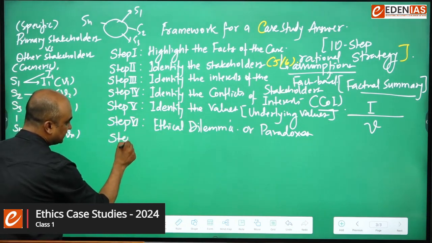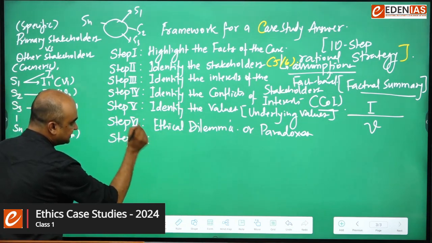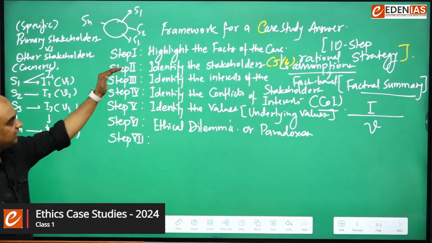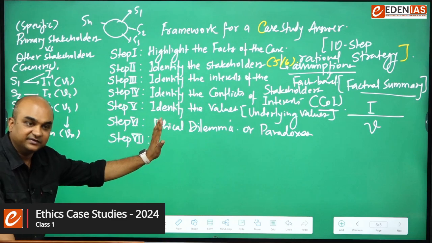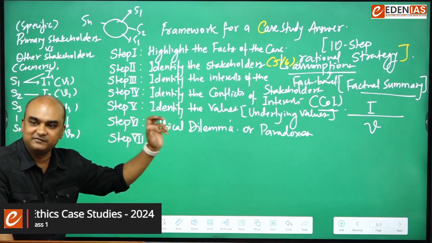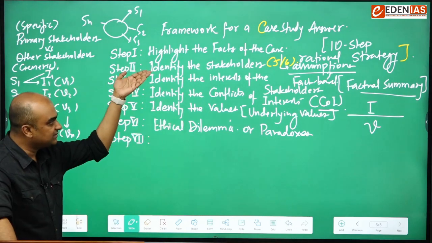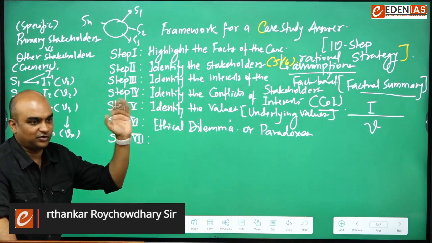Then comes step 7. Once you have done up until this point, other things become relatively easy. I am not saying that they would be very easy, but they become relatively easy because now you are in the thought process. Okay.